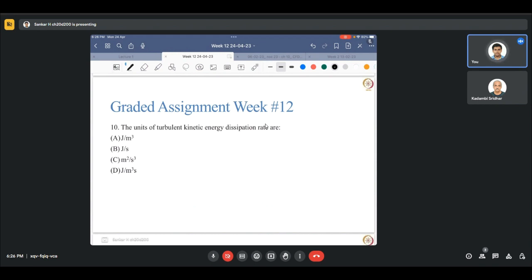Question number two: the time interval for time averaging of flow governing equations should be such that it is as large as possible, much larger than the time period of the largest eddy, much larger than the time period of the smallest eddy, or much smaller than the time period of the smallest eddy.